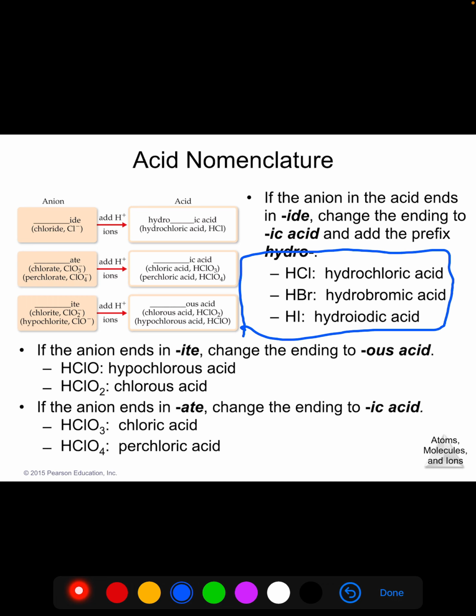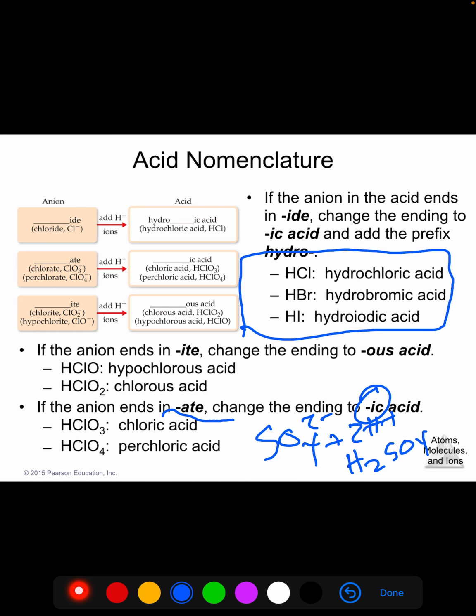If we, for example, have sulfate with hydrogen, and sulfate is a 2 minus, when we combine it with 2 H pluses, because we need 2 to balance it, we will make this acid H2SO4, which we call sulfuric acid.